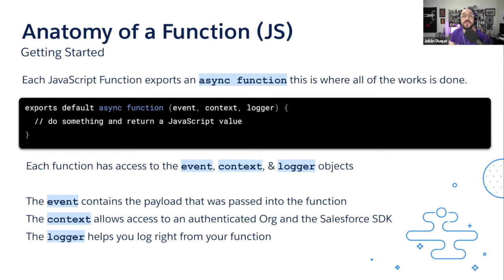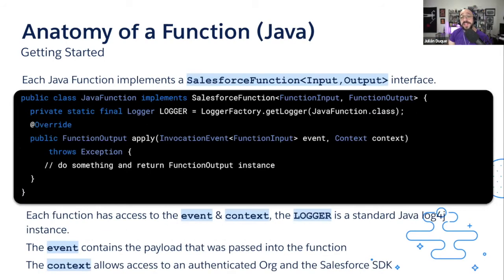And third is going to be the logger. It is the object that you will use to log information to the console or to the Salesforce compute environment when you deploy the function.